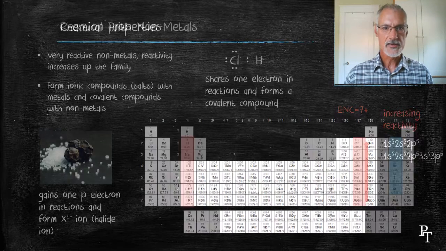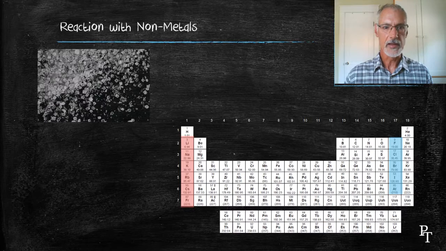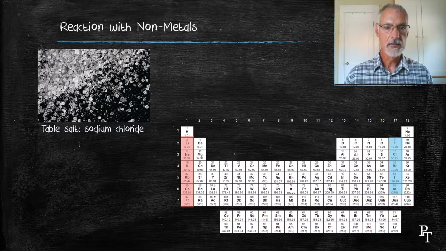Let's take a look at the reaction specifically with metals and nonmetals. I'll use table salt again as my standard example: sodium, the metal, reacting with the halogen, in this case chlorine. What will happen is the metal will lose that 3s electron, donating it to complete the octet of the chlorine, so it can then have a stable configuration resembling argon.